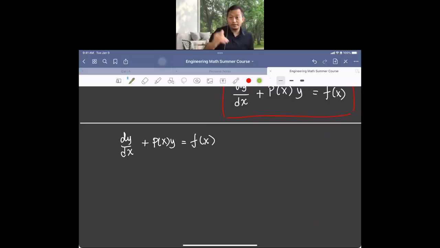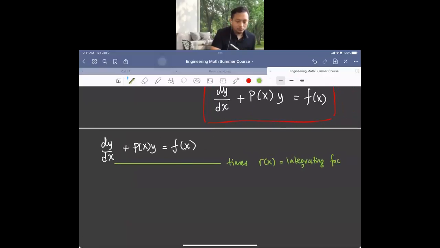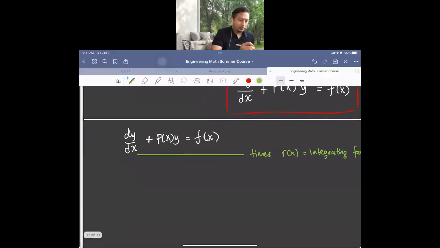Now the idea behind what we did in the previous proof is when we multiply this by, some books use mu of x, some other books use r, but let me use r, it's easier to write. If we multiply by r of x, we define this r of x as our integrating factor.